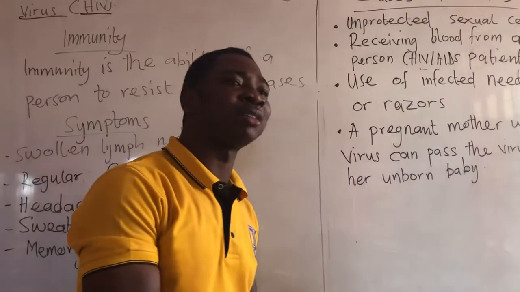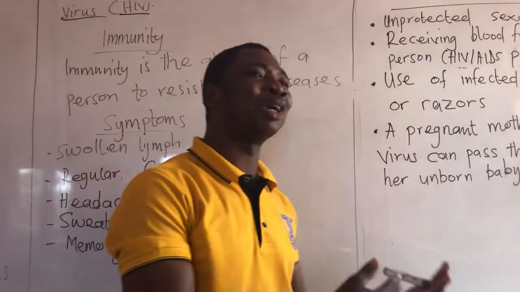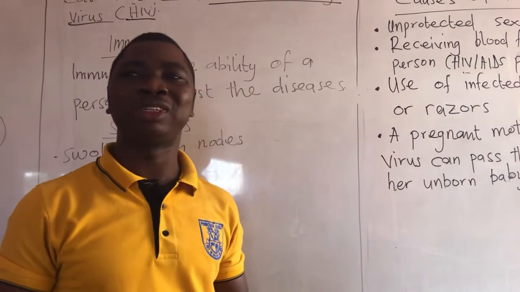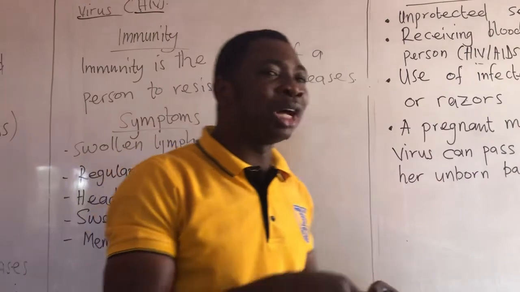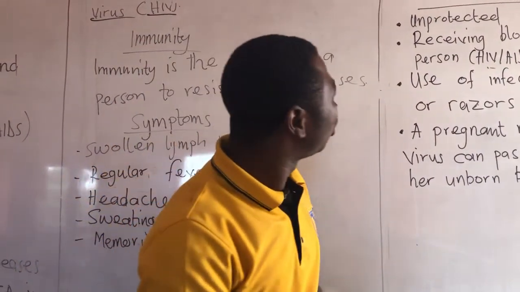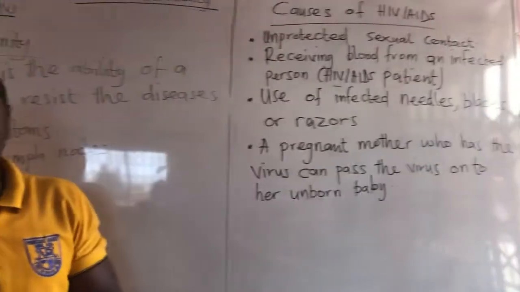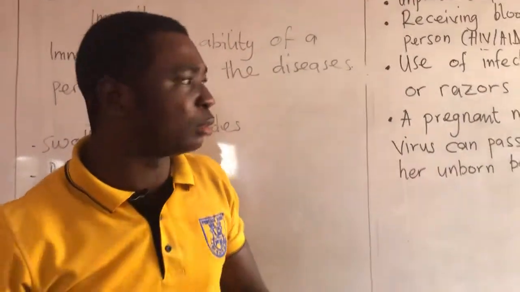It can be used by someone you already know, like your parents, that you are using the same needle with. And then if the needle pinches you, that is where you may get the disease. And also when you are using the blade and the blade cuts you, you may also get the disease if it's used by an infected person.